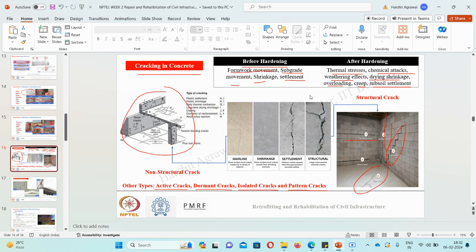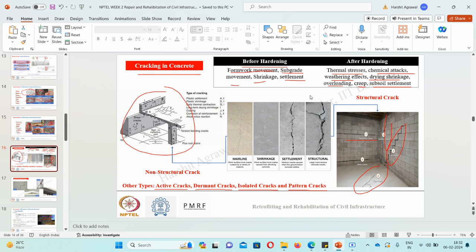And when we talk about visual inspection, we know the history of the structure, what the exposure of the structure is, what can be the problems in the design of the structure also. So based on that we can guess whether this crack is a structural crack due to faulty design, or it can be a non-structural crack based on the exposure conditions.